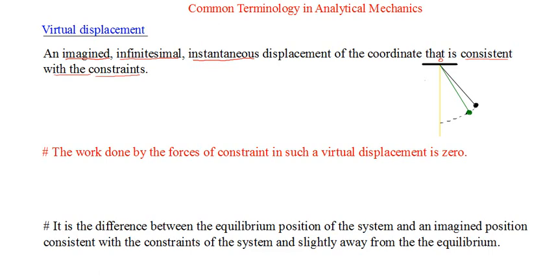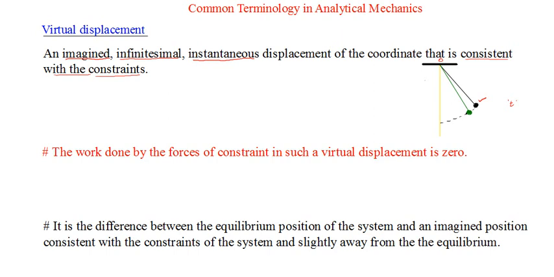Let me say that at any instant t, let the position of the bob be shown by this particular orientation, the black line and the black bob.